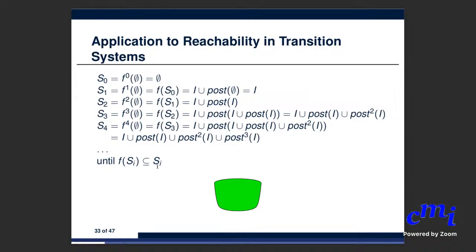As you can see, the post computation, the image computation we already saw, can be expressed using an existential operator. The union is an OR, and the fixed point check is implication.